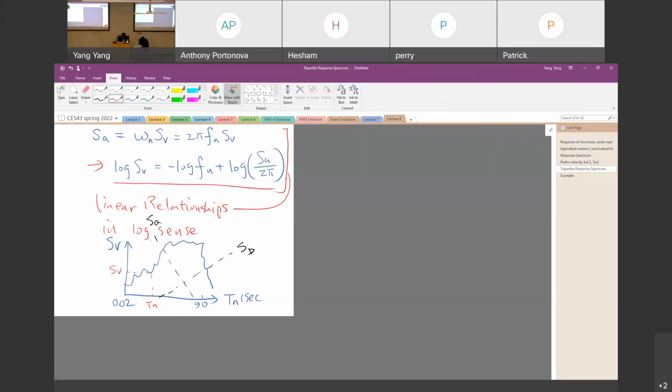And similarly, we should be able to get the SA on this axis, and then we get the SD on the other axis at the same time. So that's why we usually have the three different response spectra on the same chart. For example, let me show you a quick example here.